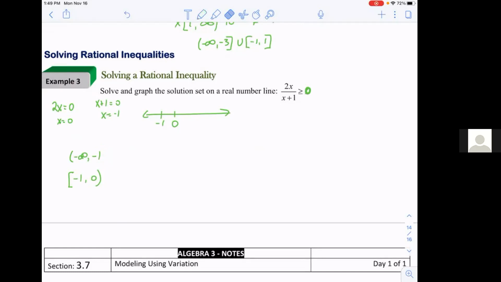So that means I need to erase this and put a parenthesis in there. However, x could be 0. That's no problem. So that gets a bracket. So on my number line, -1 can't be used because -1 causes the 0 in the denominator. 0, however, is okay because 0 is just going to cause a 0 in my numerator, which is just fine.